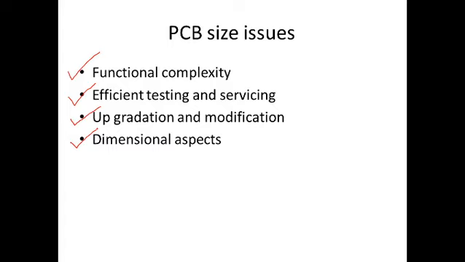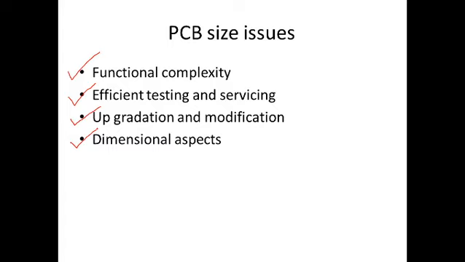So if your interconnections are more, then it will pick up some external signal. If the PCB is too small, then the cost increases due to external interconnections and connectors. So if you are making the PCB very small, then it is going to make the external connections more. So depending upon the functional complexity, you have to decide the PCB size.